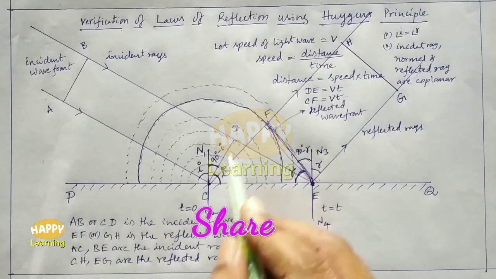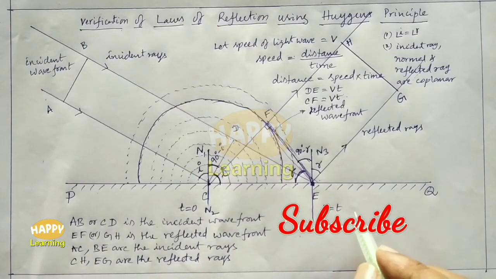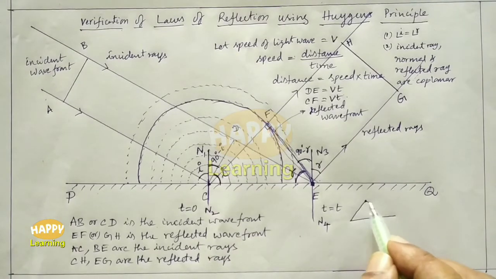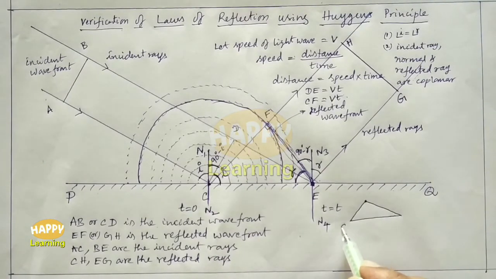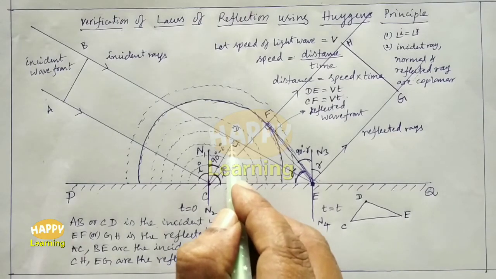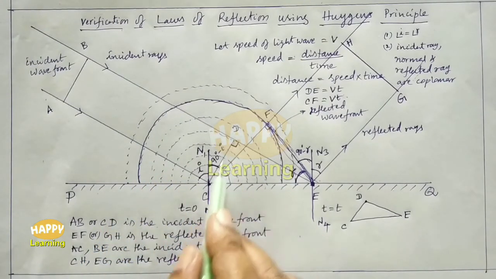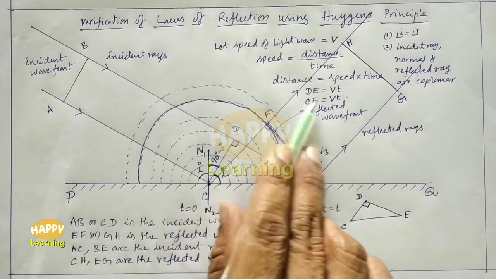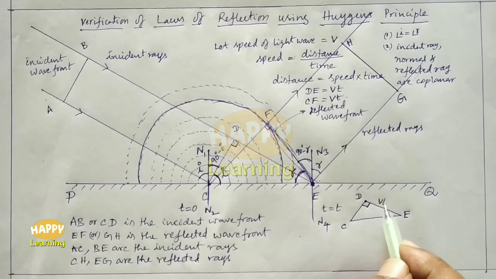Let us draw these triangles. C, D and E. See, these are rays and this is wavefront. They are normal to each other. So at point D, the angle is 90 degree. This DE is VT. This value is VT.